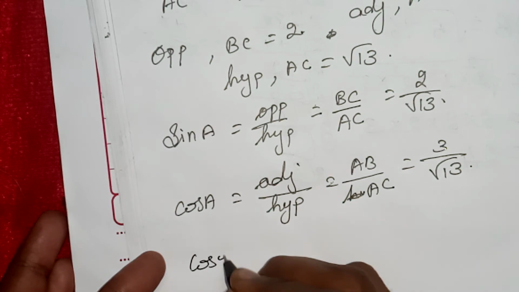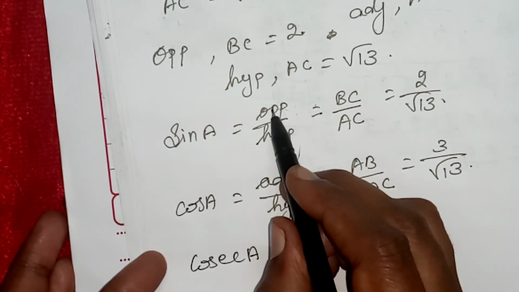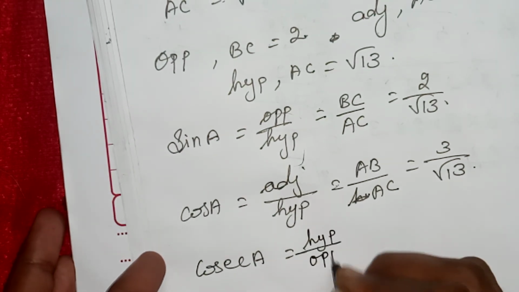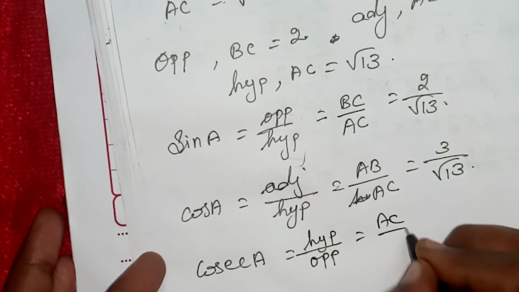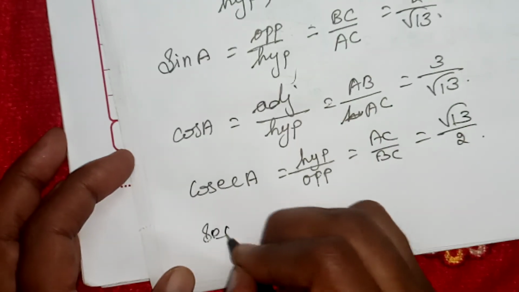Next, what is cosecant A? It is the reciprocal of sin A. So hypotenuse by opposite side, that is AC by BC, is equal to root 13 by 2. Next, what is secant A?